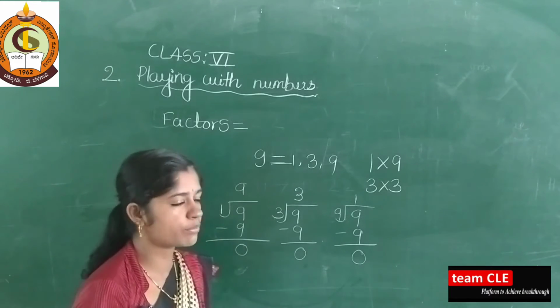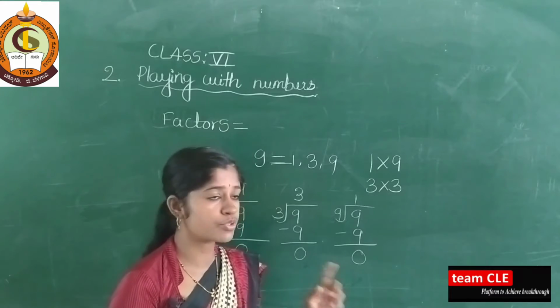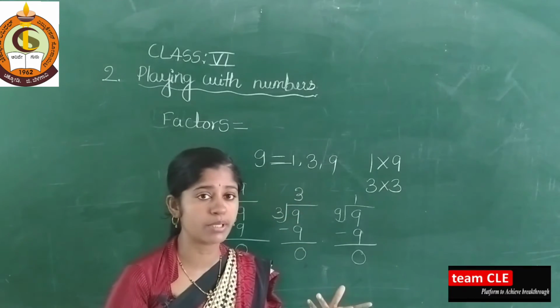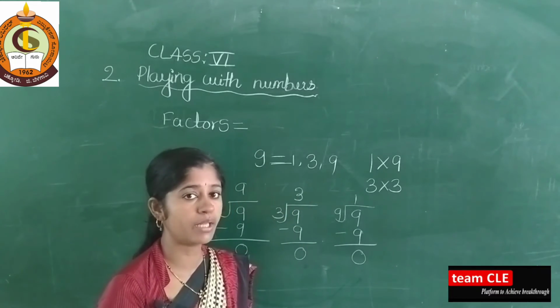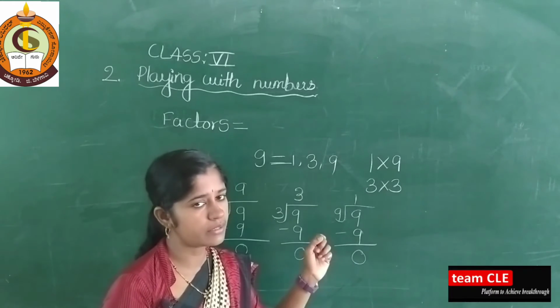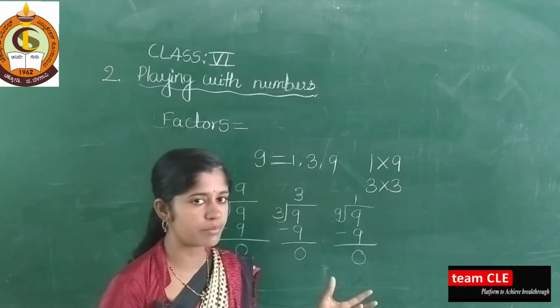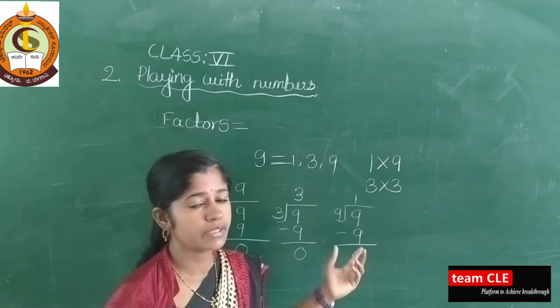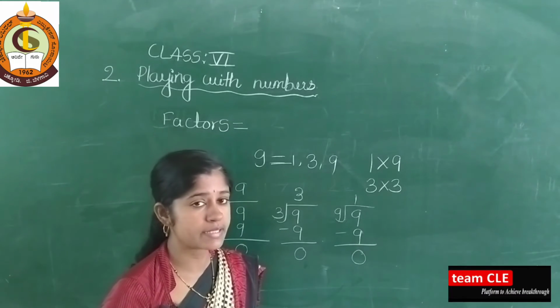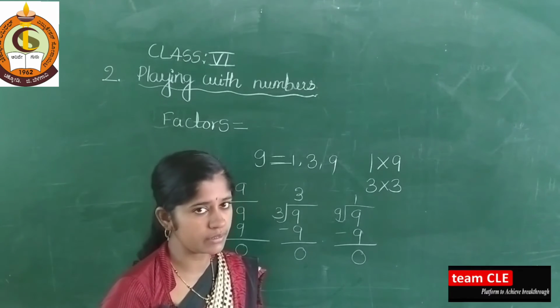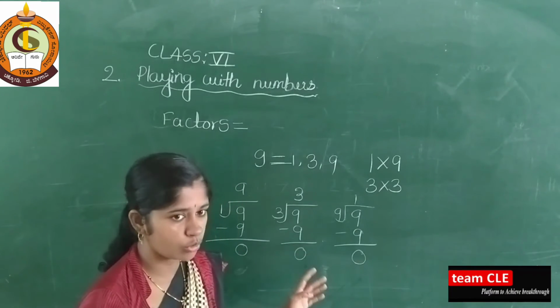If you want to keep this in your mind, just check in which tables 9 is there. Yes, it is there in the tables of 1, 3 and 9. So factors are the numbers that divide the given number exactly without leaving a remainder. I hope you understood.